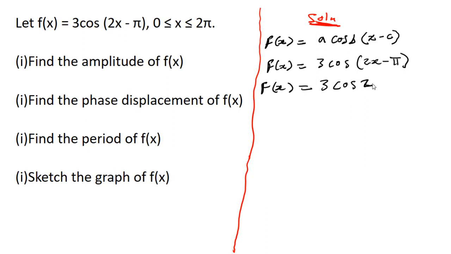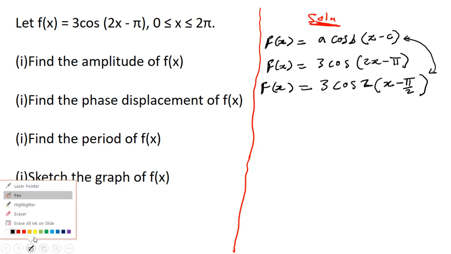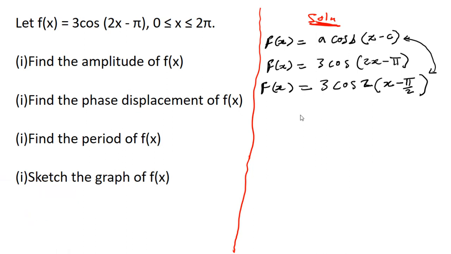So once we factorize 2, x will remain there. You divide throughout, 2x divided by 2 is just x, then pi divided by 2 is pi over 2. So f of x is 3 cos 2(x minus pi over 2). This expression is now in that form. This is one of the first steps one is supposed to do before you even solve the questions.